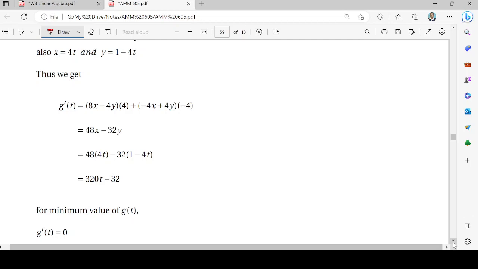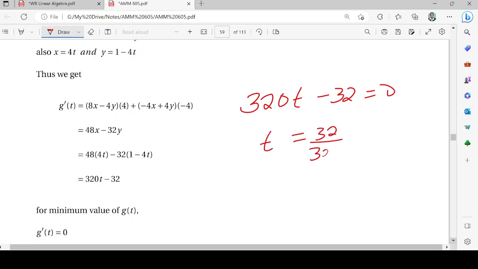But for g to be a minimum, the derivative must be 0. So again, we equate 320t minus 32 to 0. This gives us t is 32 over 320, which is 1 over 10 or 0.1.